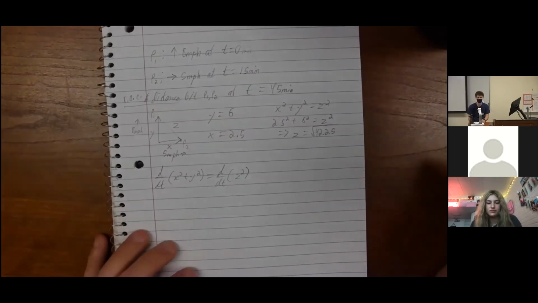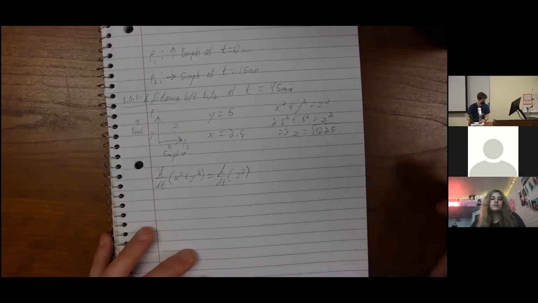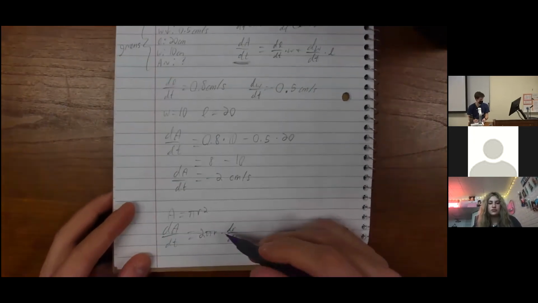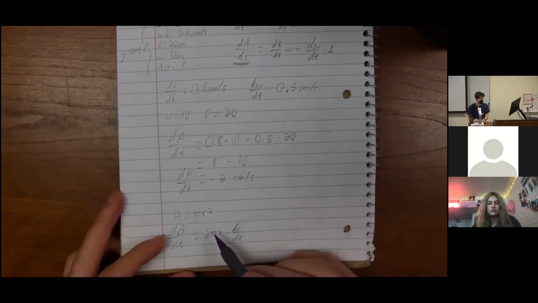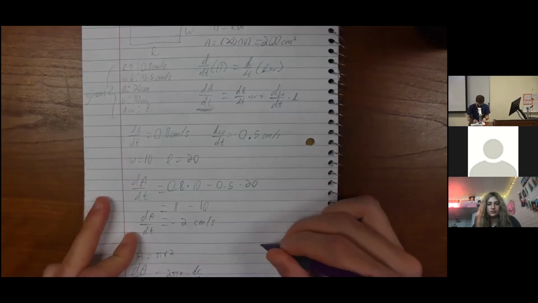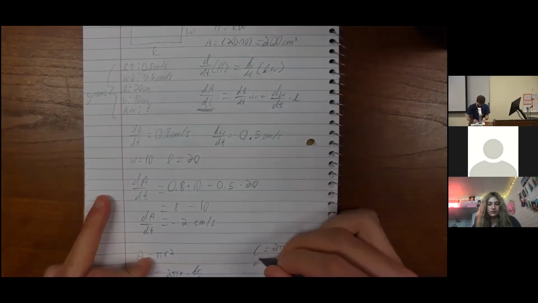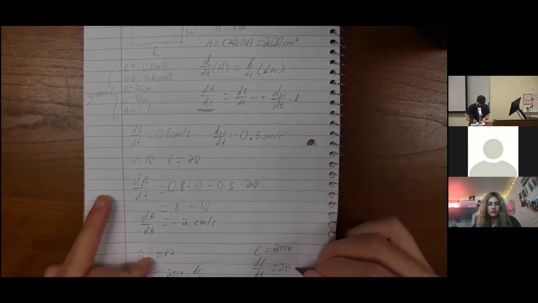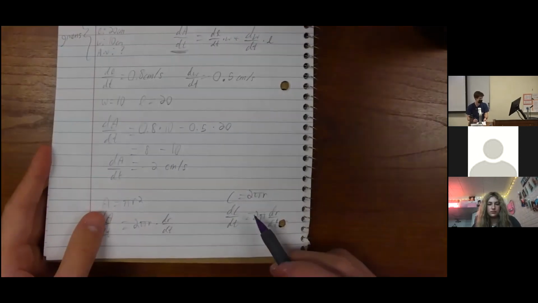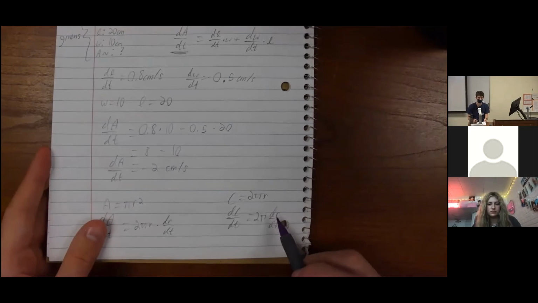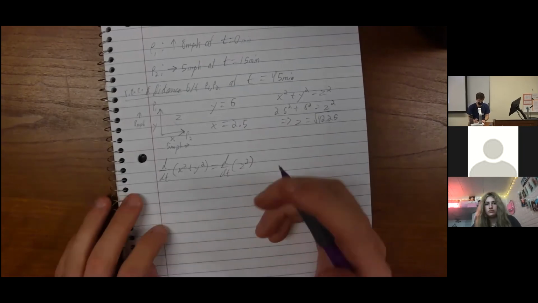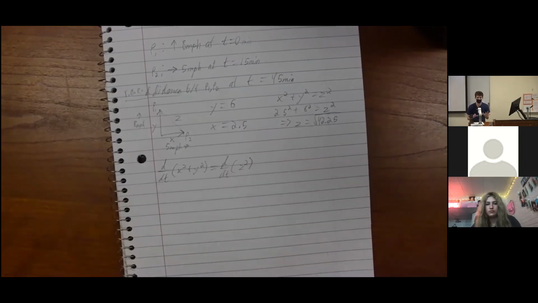This uses implicit differentiation, sort of, like last time, where you take the derivative and also multiply by dr over dt, right? If I was doing this by r, it would be 2 pi r times dr over dt. So here we don't need any fancy product rule. We just derive simply.